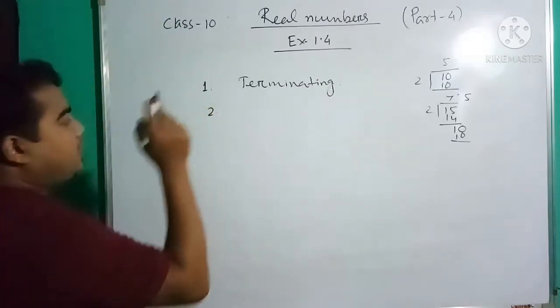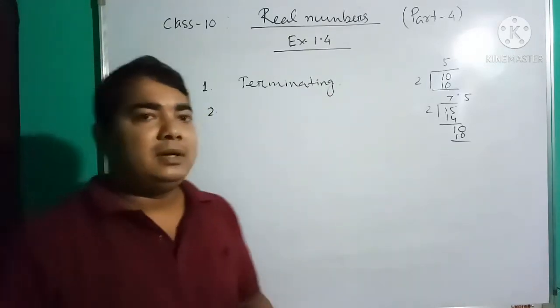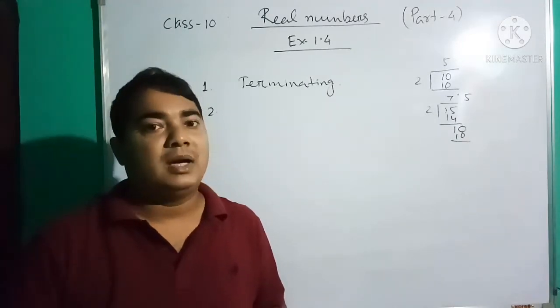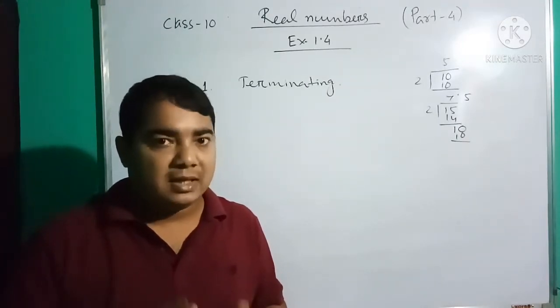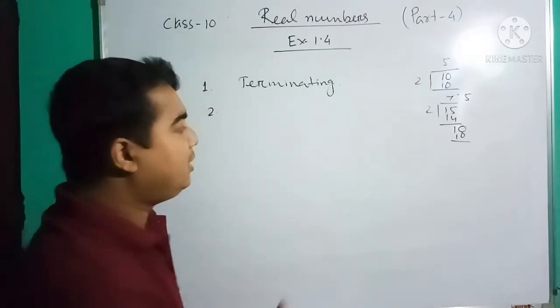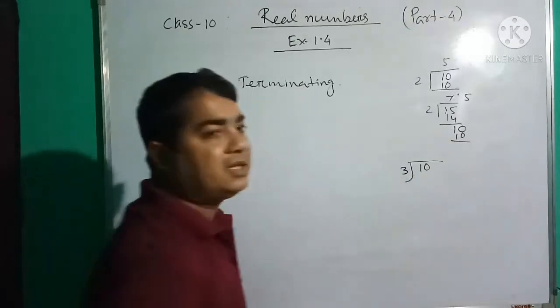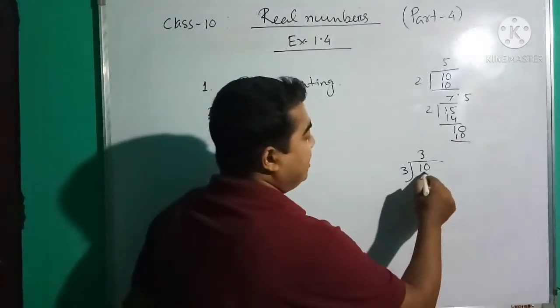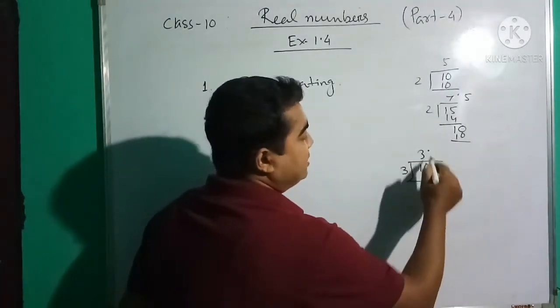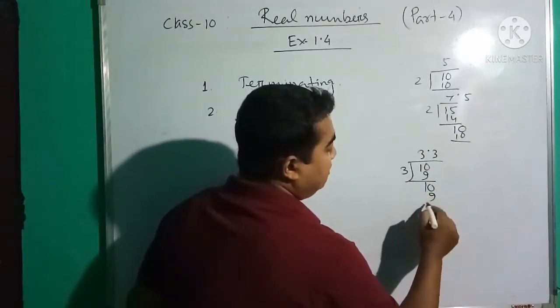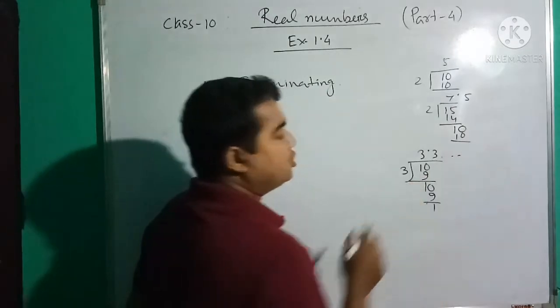And point number 2 is: a rational number's decimal expansion may be non-terminating but repeating. Non-terminating means not completed. See, if we divide 10 by 3, then 3 3s are 9, 1 remains, give decimal, again 3 3s are 9, again 1 remains, and so on.